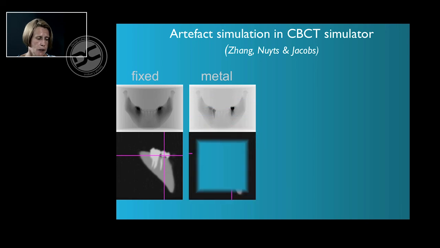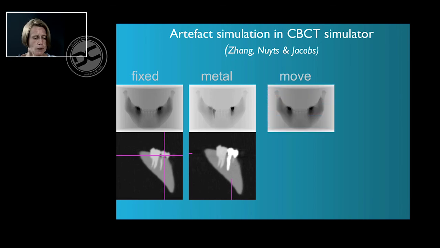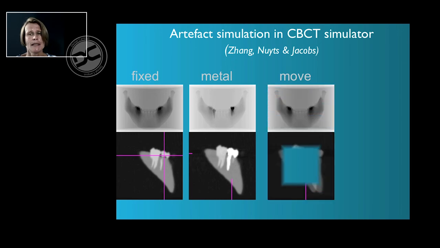Subsequently, he also applied movement to this artificial jaw, and you see a detrimental effect of movement, but the effect that has most consequences is a combination of metal and movement together, with an effect that is more detrimental than both individual artifacts. So it should be avoided to scan a patient that can't sit still with restorative work or implants in the jawbone.